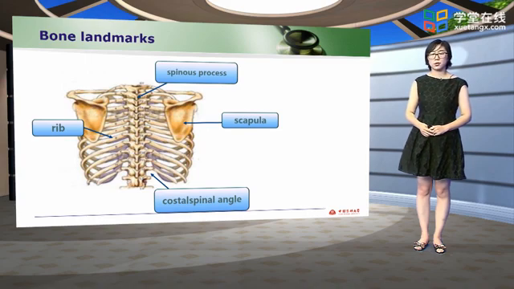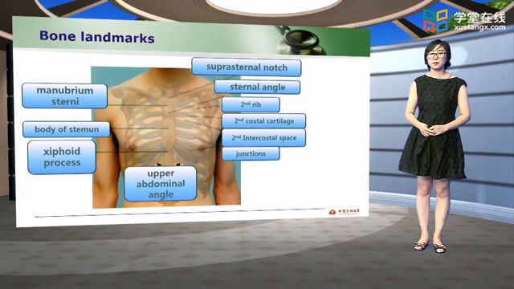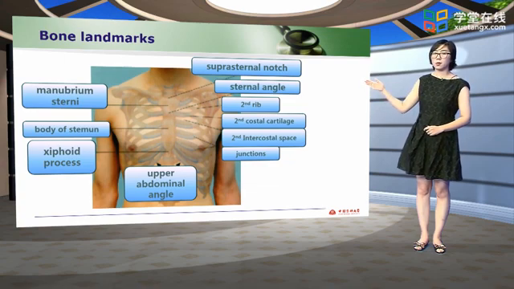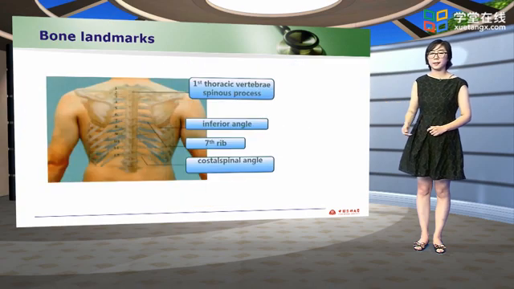This angle is just between the 12th rib and the spinal. It contains kidney. In this picture, we can see the bone landmarkers on our body. And in this picture, we can also see the bone landmarkers on our body.